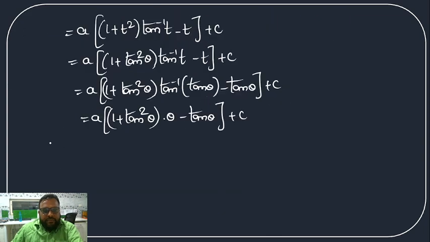Since x is equal to a tan square theta, from here tan theta is equal to under root of x by a.